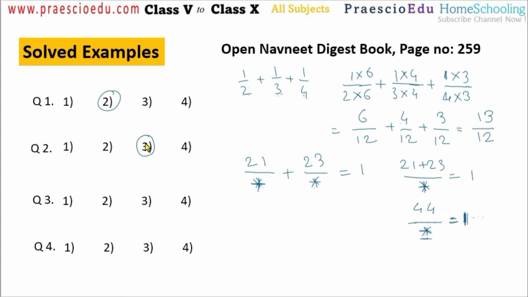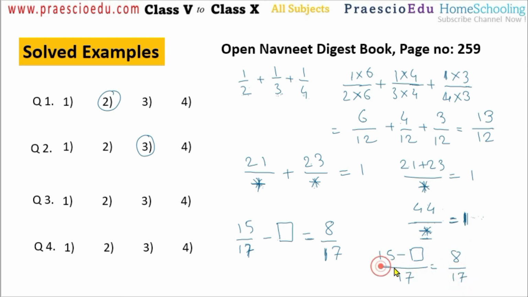Now question number 3: if 15 by 17 minus a box is equal to 8 by 17, then which fraction should replace the box? So here in the answers there is also 17, meaning of course these are fractions with the same 17 in the denominator. So we can say 15 minus this box by 17 is equal to 8 by 17.